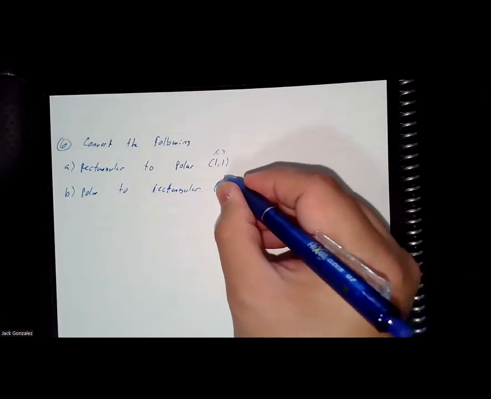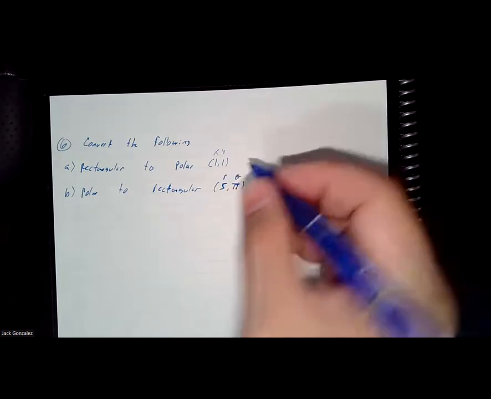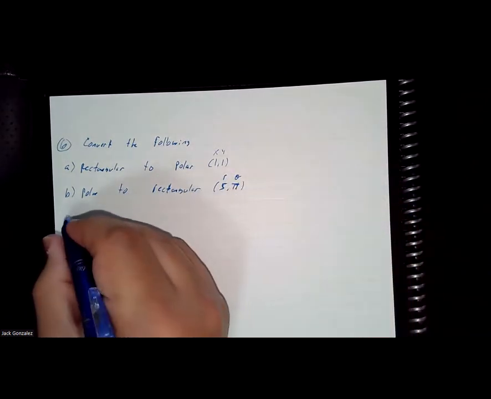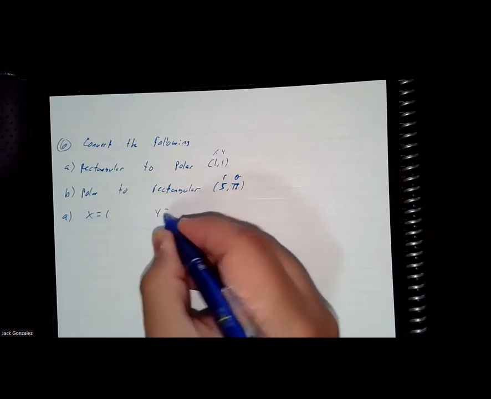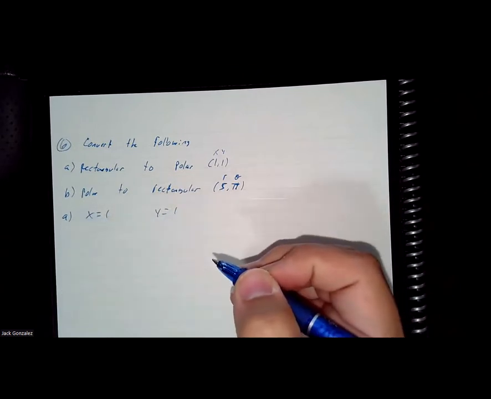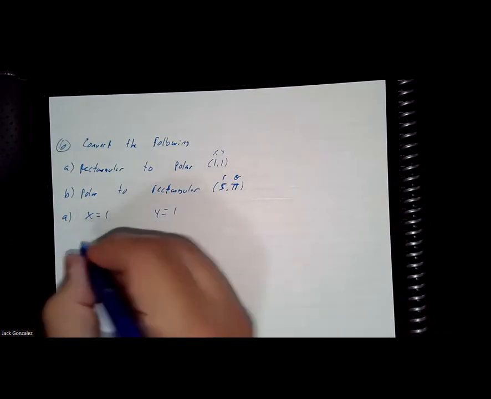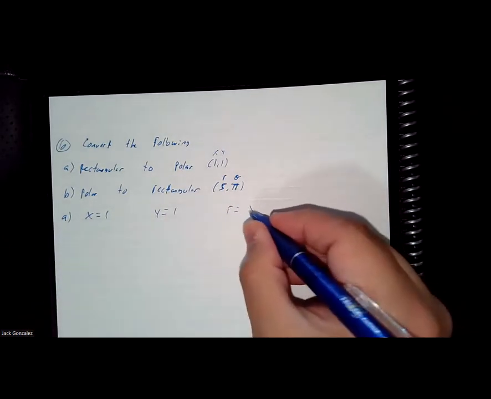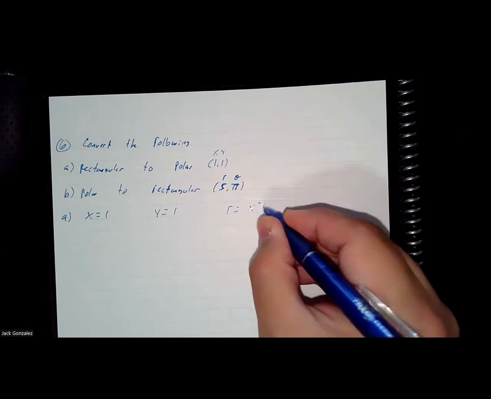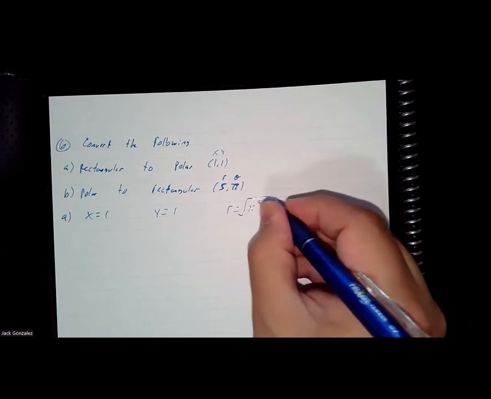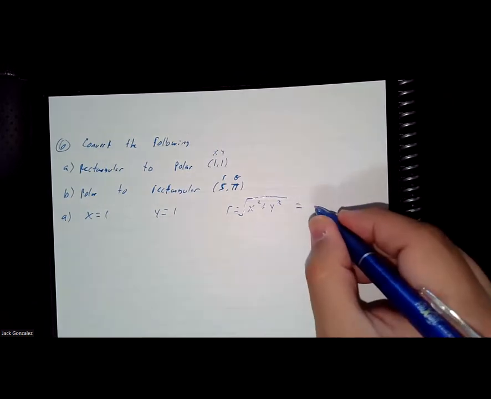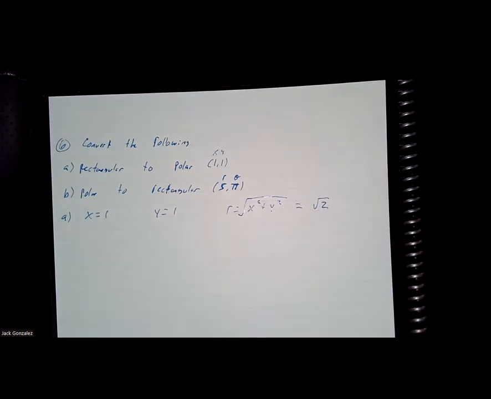Polar to rectangular means we're starting with r and theta. So for part A, x is 1, y is 1. That means that r is equal to the square root of x squared plus y squared. So that will be the square root of 2.